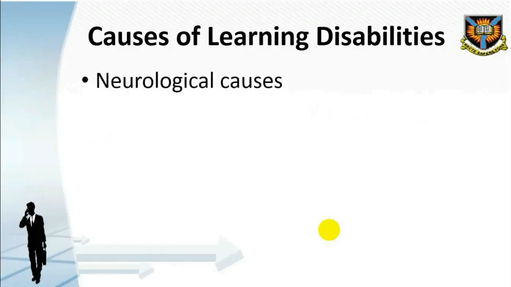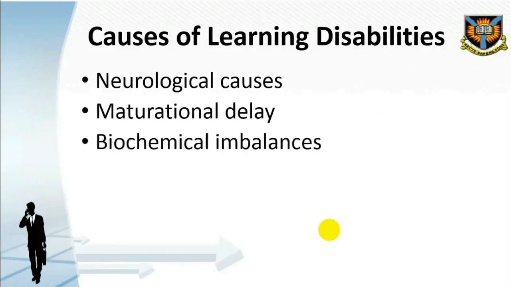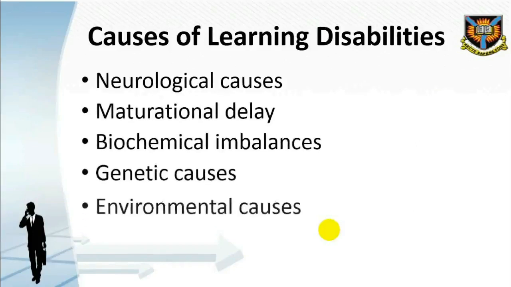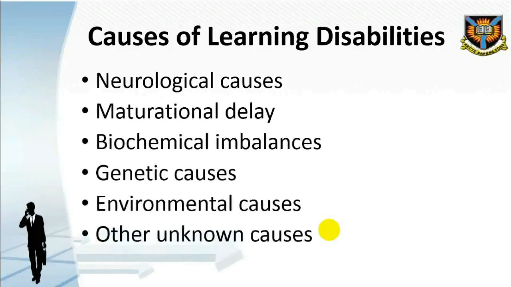Neurological causes. 2. Maturational delay. 3. Biochemical imbalances. 4. Genetic causes. 5. Environmental causes. 6. Other unknown causes.